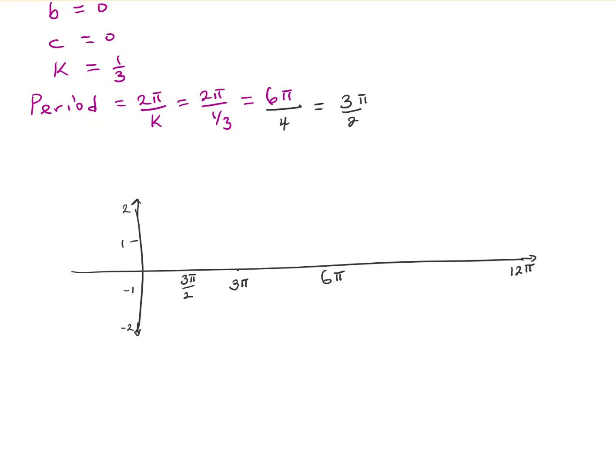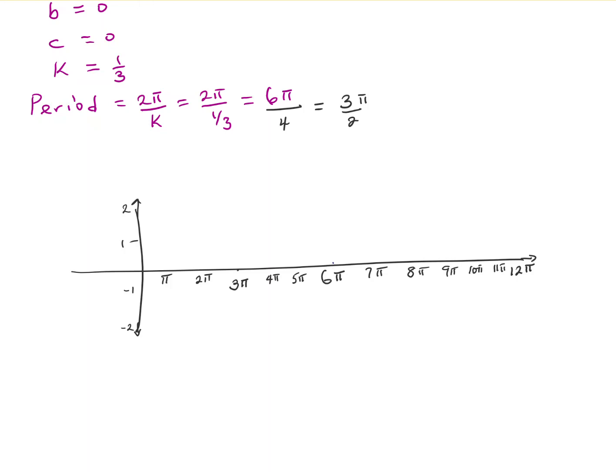There is a better way to do this. I can say this is pi, this is 2 pi, 3 pi, 4 pi, 5 pi, 6, 7 pi, 8 pi, 9 pi, 10 pi, 11 pi, then 12.